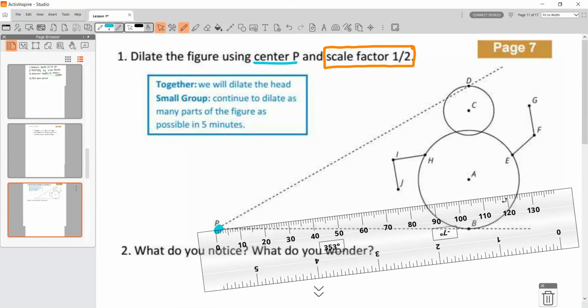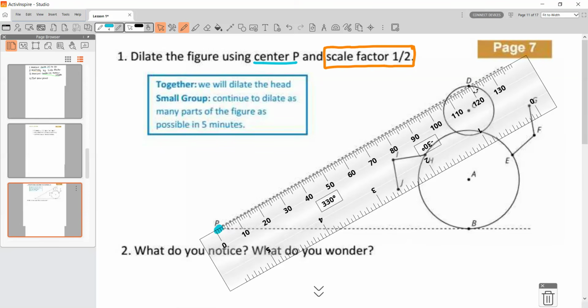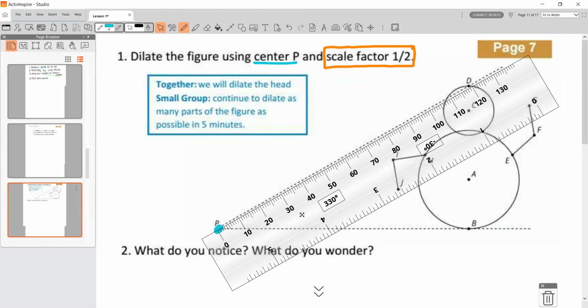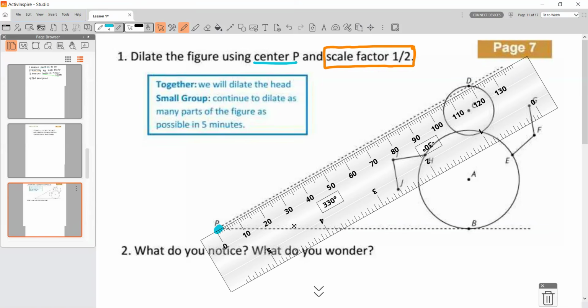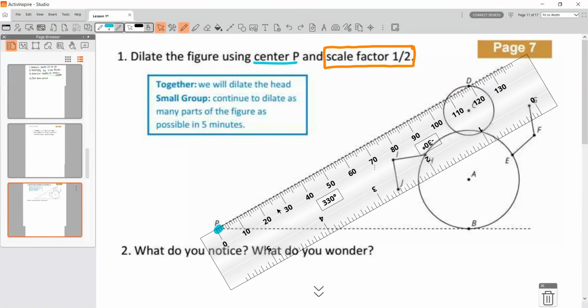Let's measure to D together. Lay your ruler down, and I think this is the same on your sheet. If it's not, you'll have to do different measurements. My distance from P to point D is 12 centimeters, because it's 120 millimeters.